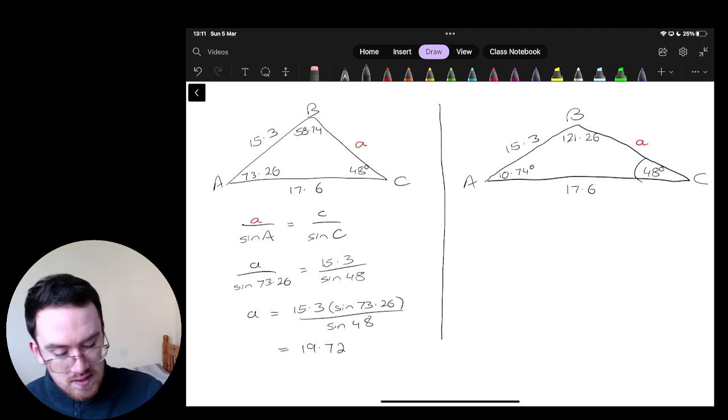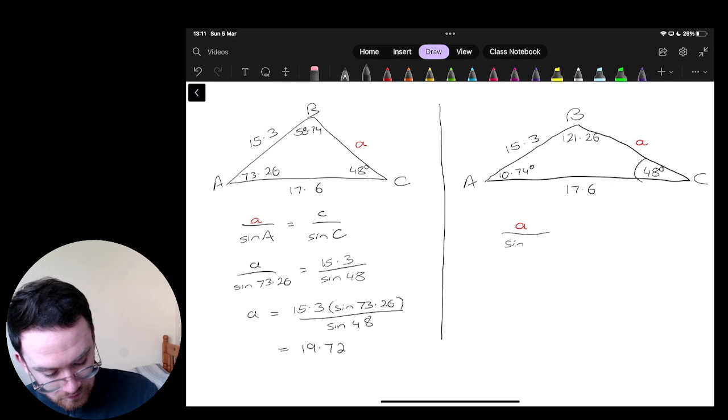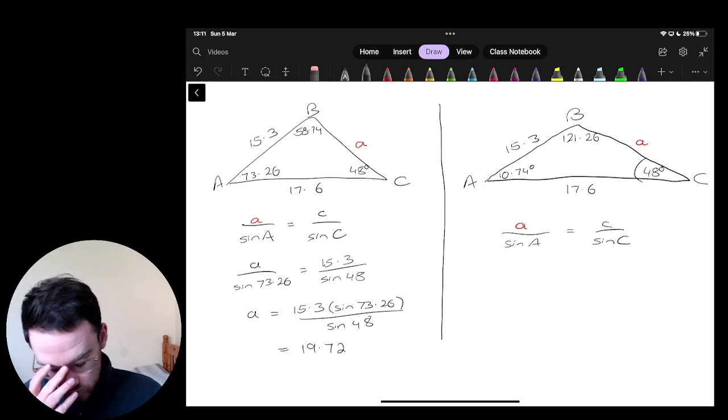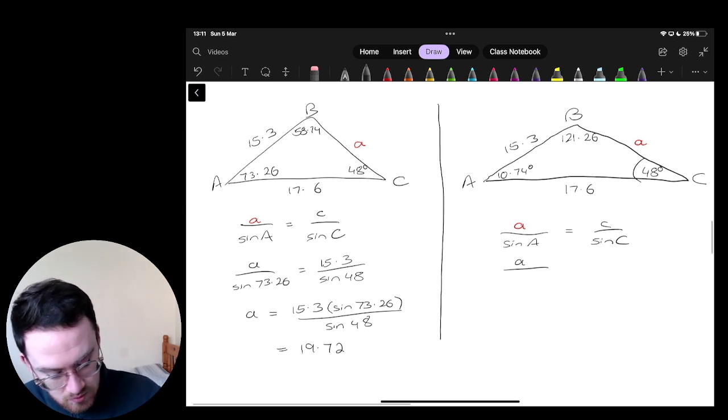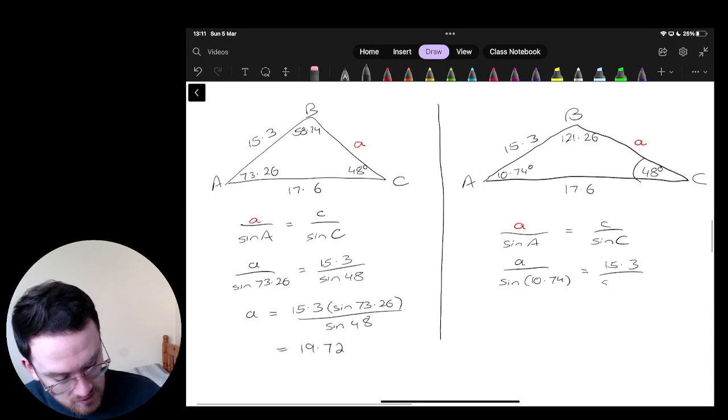Doing similar on the other triangle, we're just expecting to end up with a slightly different answer, because all that we've changed is that angle. That angle A is different this time. So we still have side A that we're looking for, but this time it's sine of 10.74. Side C is still the same, and angle C is still the same.